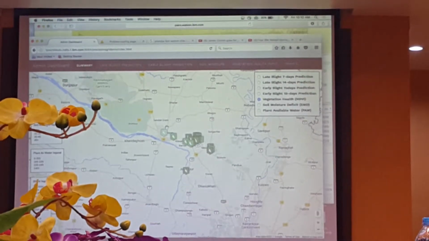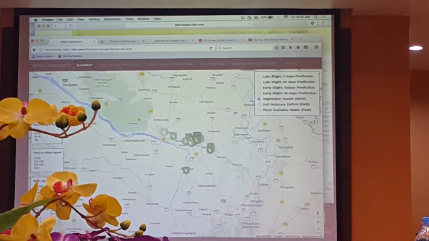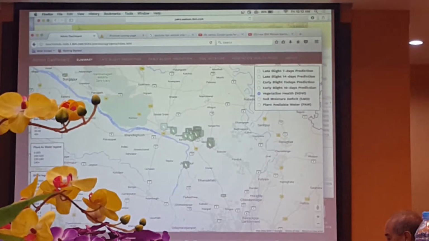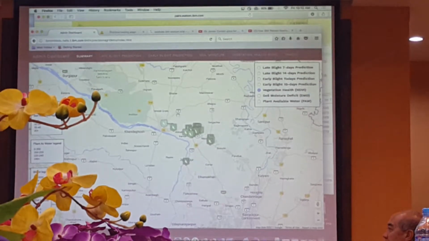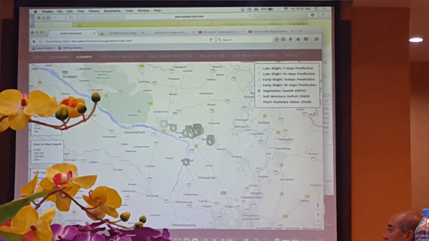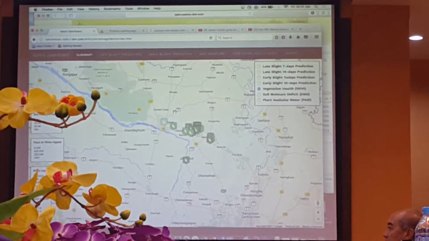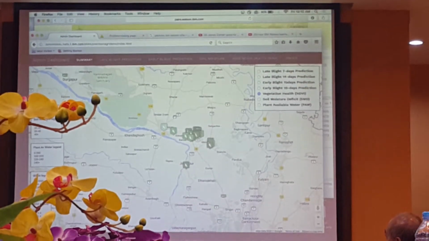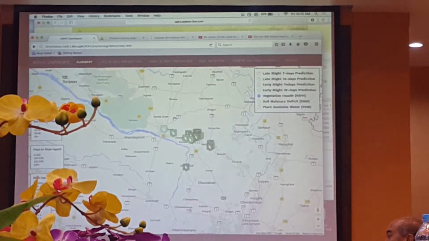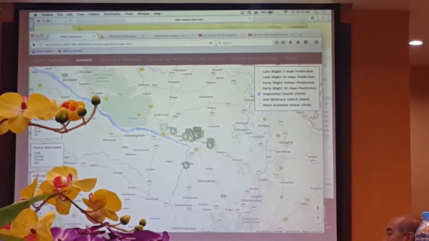Okay, so now imagine that you have been able to see that this part of the land needs some attention. Now, with the local images that are there, you can actually know what the problem is.